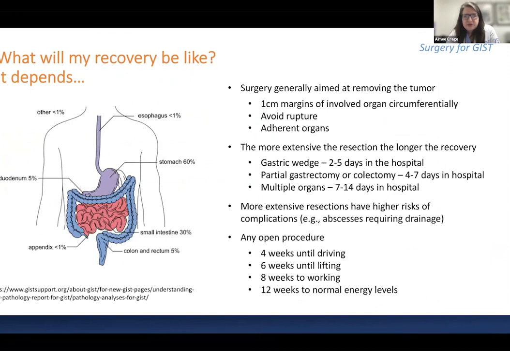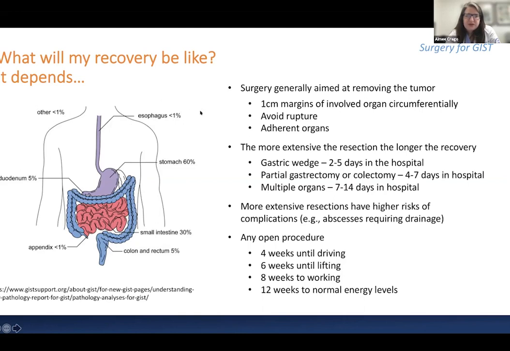So another question we often get asked, what's my recovery going to be like? This is just a schematic of where we see the tumors occur. Dr. Kelly showed something quite similar. So most of the tumors we see in the stomach, others in the small intestine. Rarely we may see tumors in the colon and rectum, in the esophagus, and the duodenum.